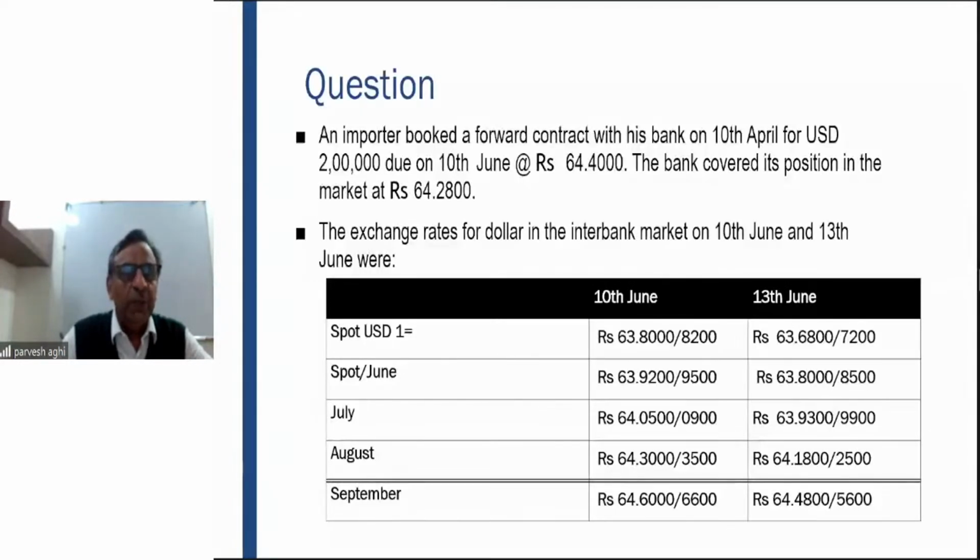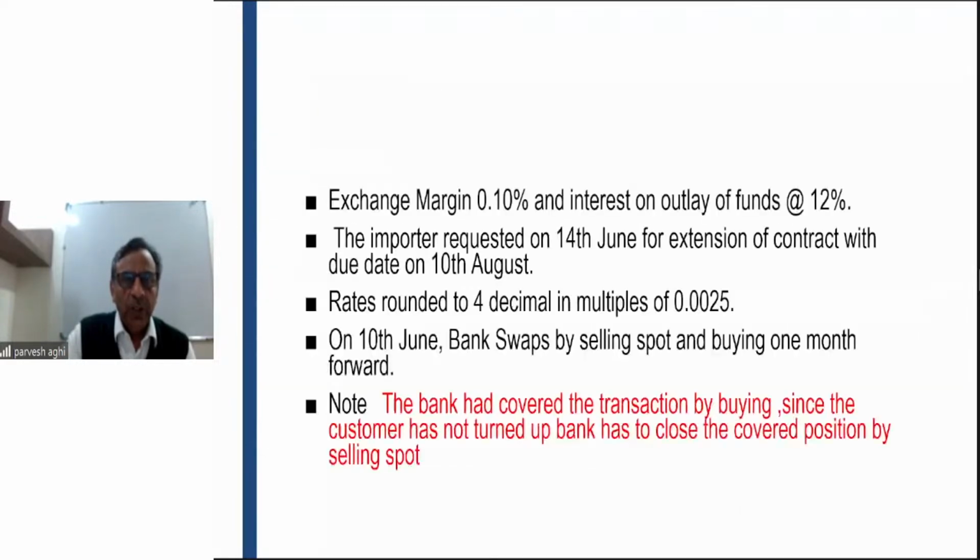The bank has covered its position in the market at 64.28. As an importer, you went to the bank and bought dollars, and the bank actually procured those dollars at 64.28 from the interbank market. So they bought it for you from the interbank market. Now they are going to sell them so that this position gets covered.